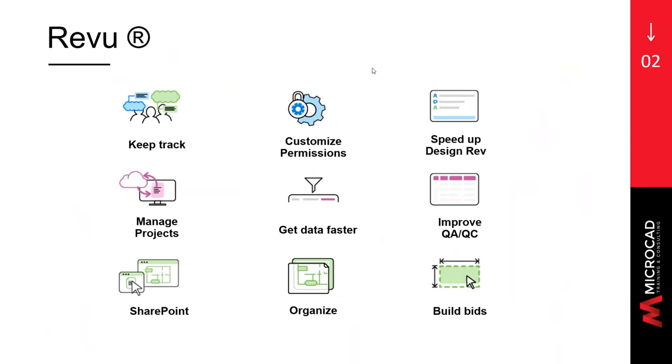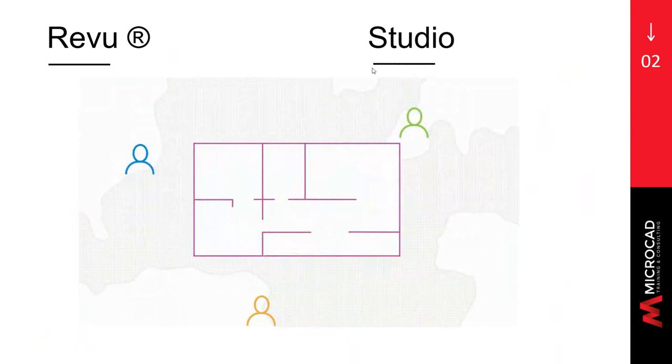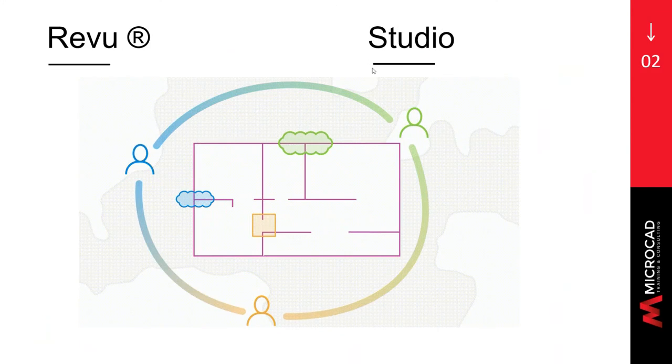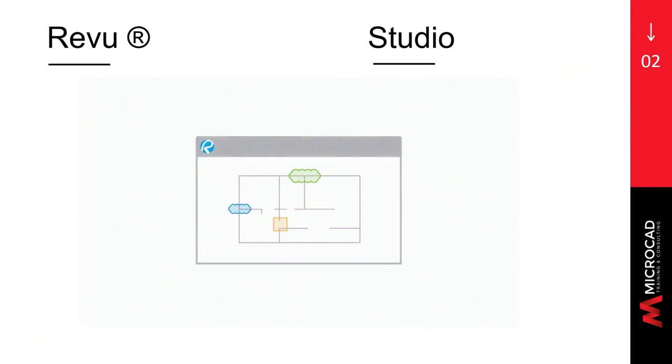And if you're familiar with Studio, it's still going to be that great tool that is going to allow us to collaborate with multiple users at the same time, and to just share the data, and as well to have our documents stored and saved in a pretty secure location.